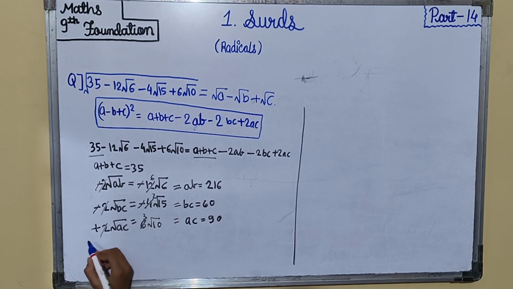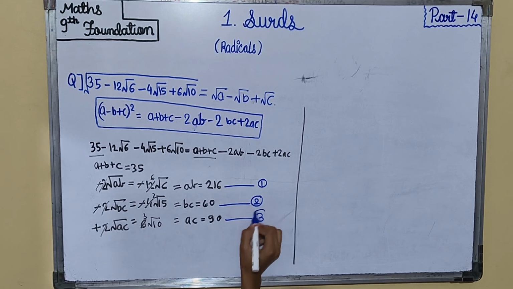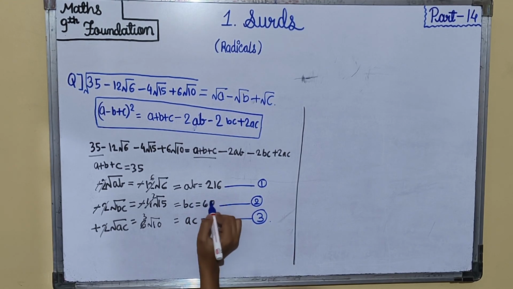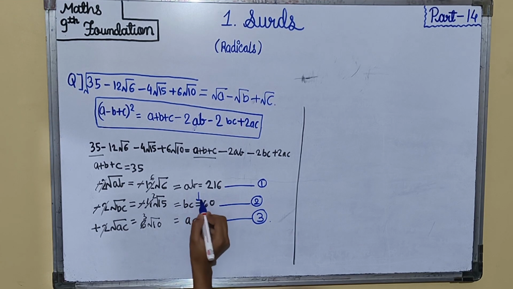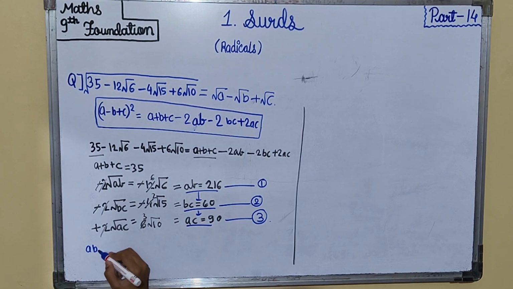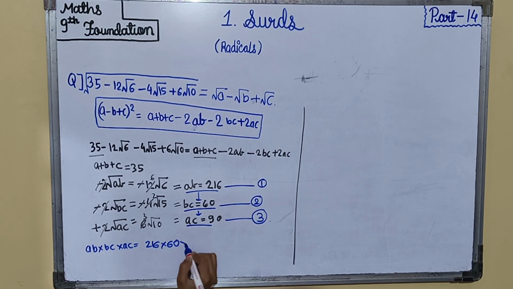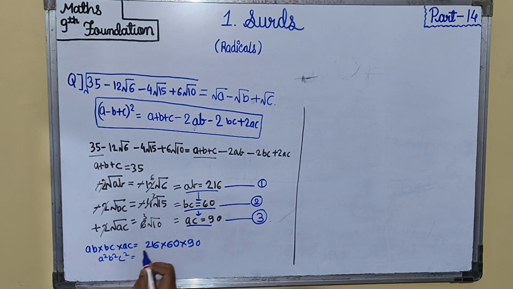Now this is our first equation, this is our second equation, this is our third equation. We'll multiply them all. So ab into bc into ac would be equal to 216 into 60 into 90. This means a square b square c square equals this; as it is a square, we'll find the pairs so we can take one from each and find the value of abc.